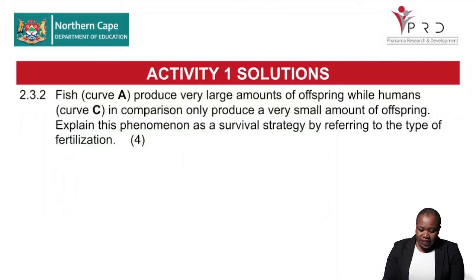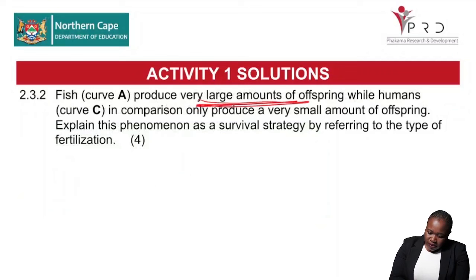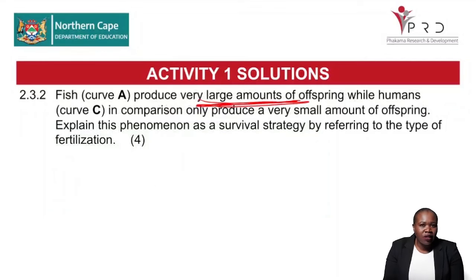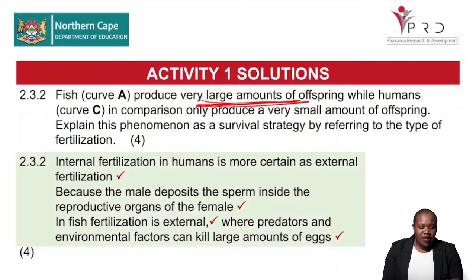With fish, because there's a large amount of eggs and sperm cells and a large amount of offspring, those amount of eggs that are high improve the chances of survival or the chances of reproductive success, right? And in humans, because fertilization is internal, it usually increases the chances of fertilization. And then because they develop inside the mother's body, it also increases the chances of survival.